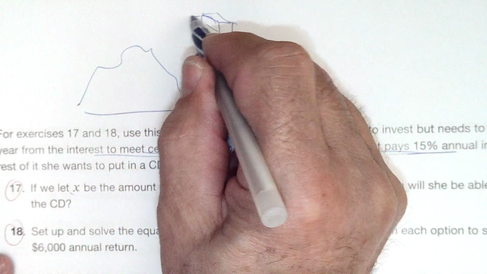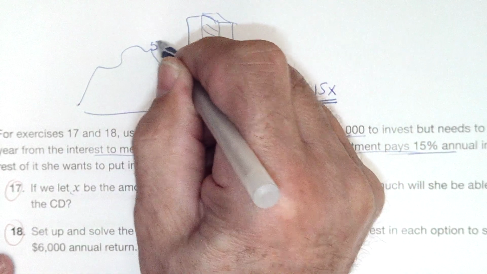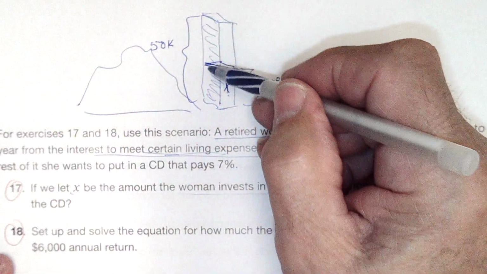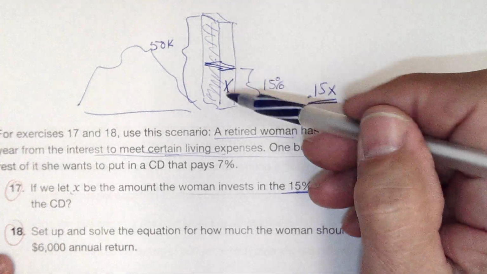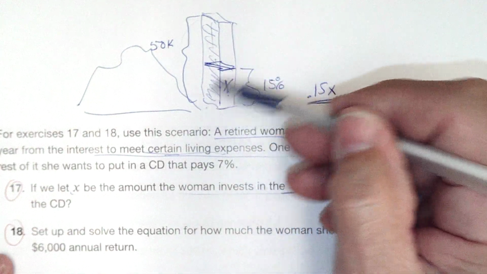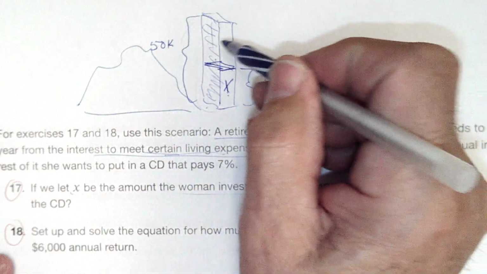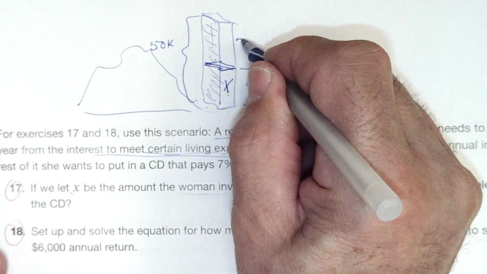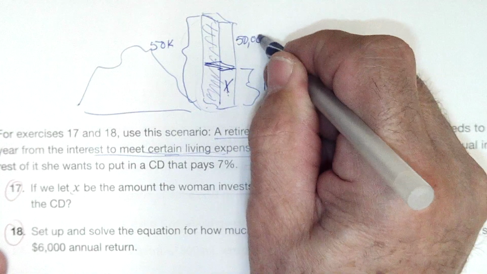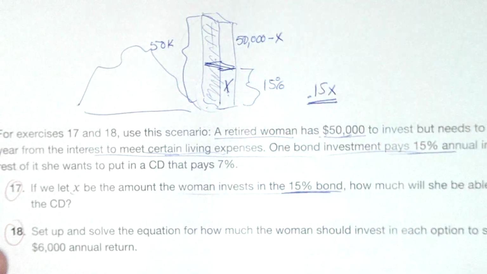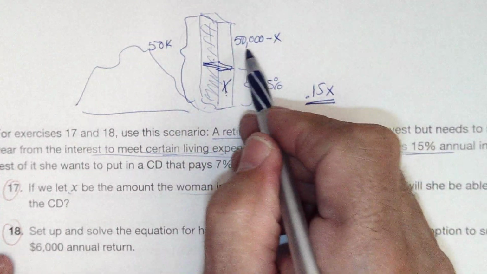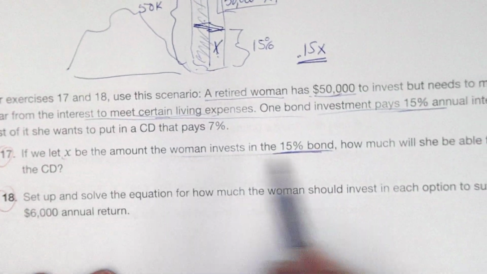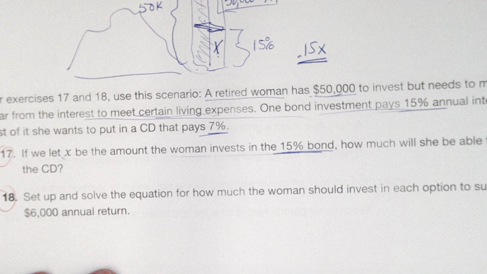But the rest of this $50,000, this part up here, which is 50,000 minus the X, same principle as we had on the last two problems. So this is going to be 50,000 minus X. And the interest on that is 7%.